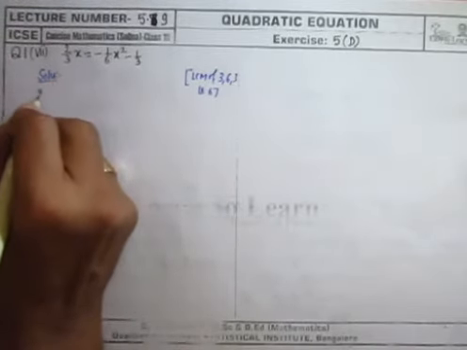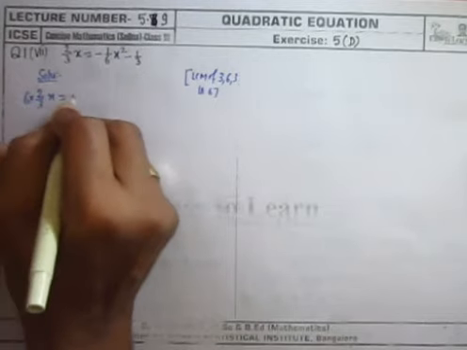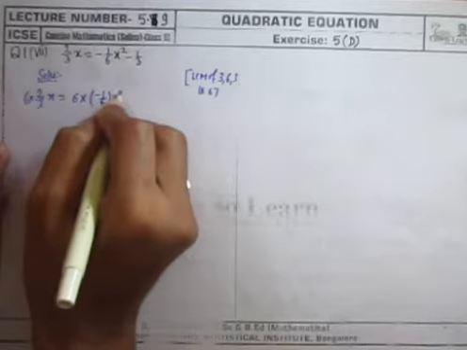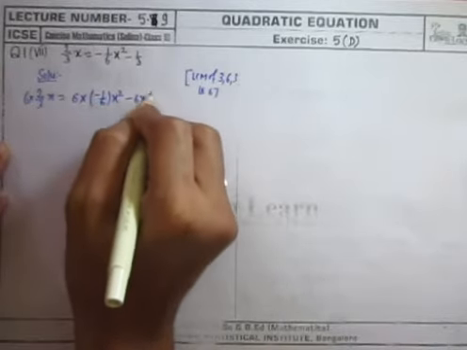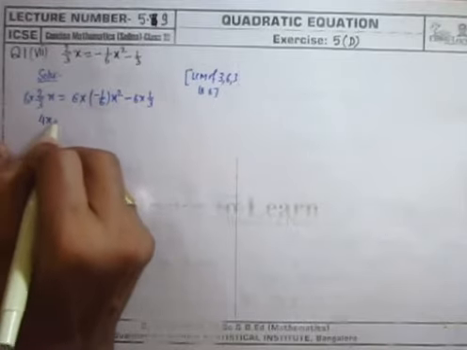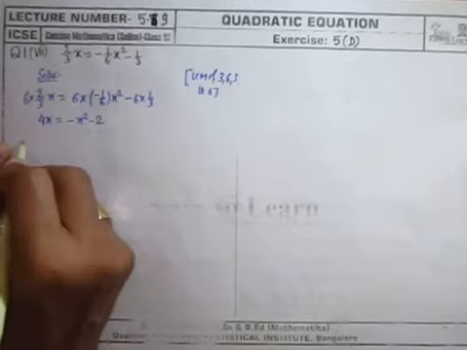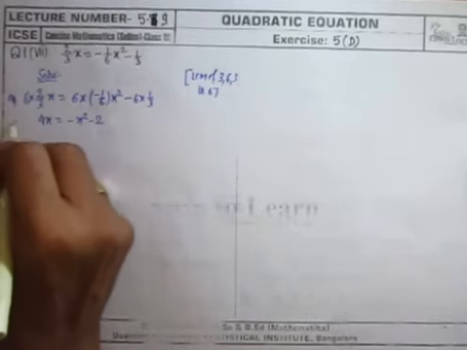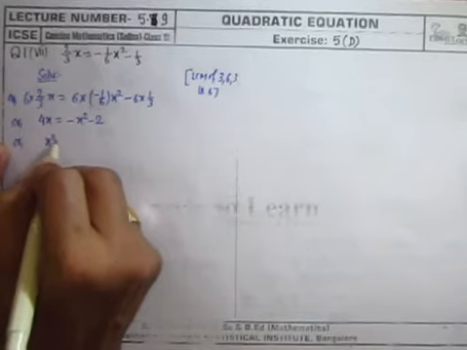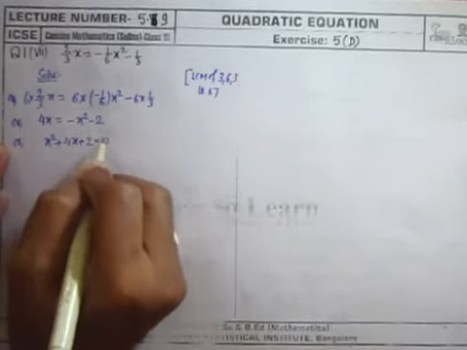So 2 by 3 into 6x is equal to 6 into minus 1 by 6x square minus 6 into 1 by 3. So it will be 4x is equal to minus x square minus 2, or x square plus 4x plus 2 equal to 0.